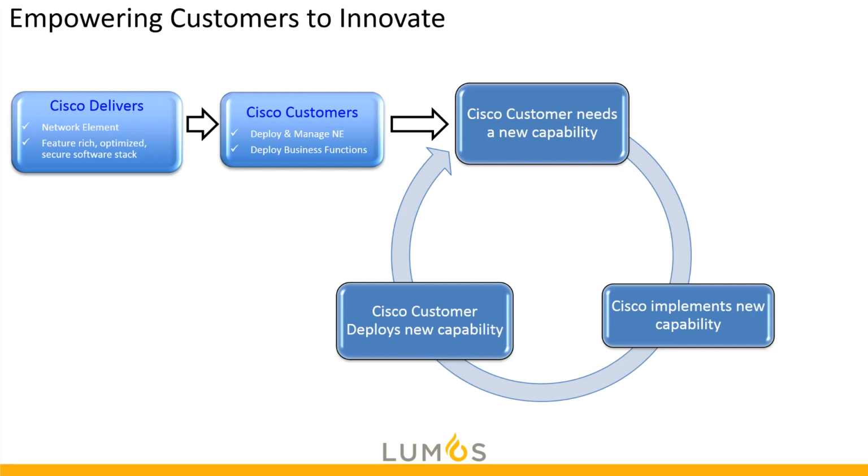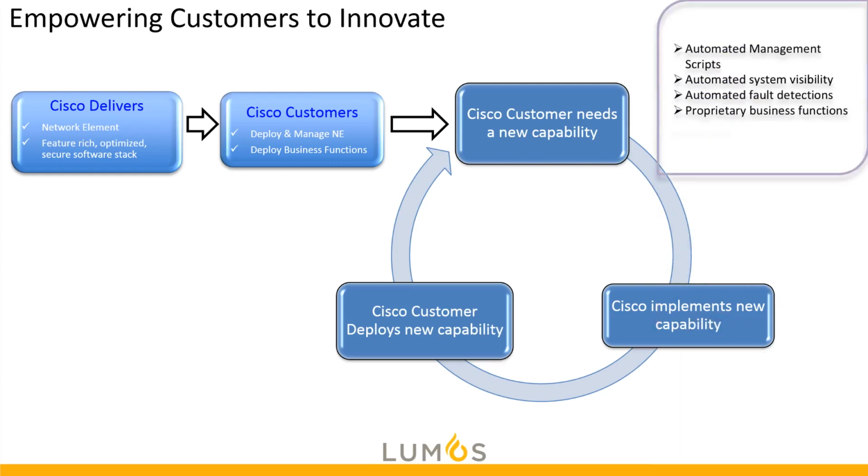It doesn't happen overnight. So for instance, maybe we need automated management scripts, automated system visibility, automated fault detections, or proprietary business functions, things that essentially Cisco maybe hasn't yet provided, or things that are proprietary to our business and Cisco couldn't provide, really. So what if Cisco gave the customer the ability to implement their own new capability?